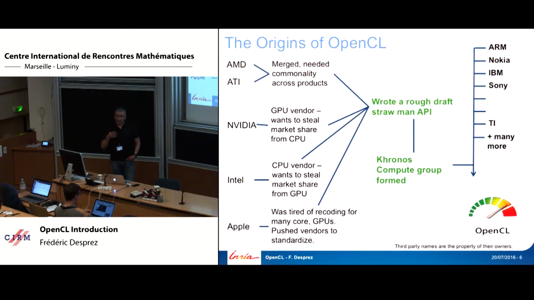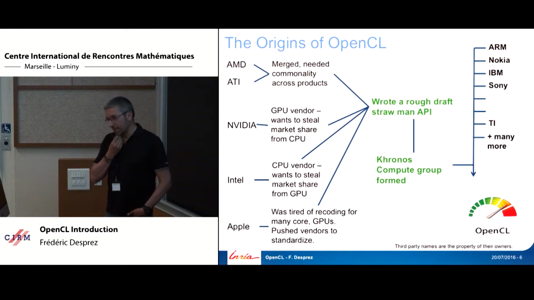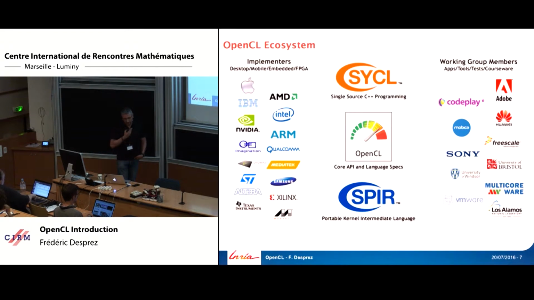And this was the only way to program these platforms, so it was not very good for industry not to have a standard, open way to program them. So they worked together to define an API for this kind of target platform. They built the Khronos Compute group to define the standards and to have several implementations for different architectures.